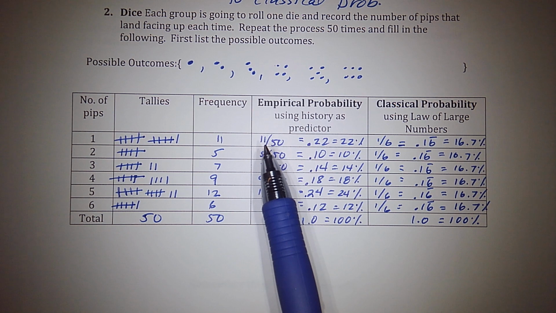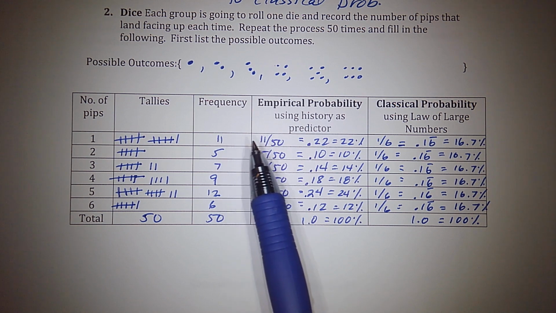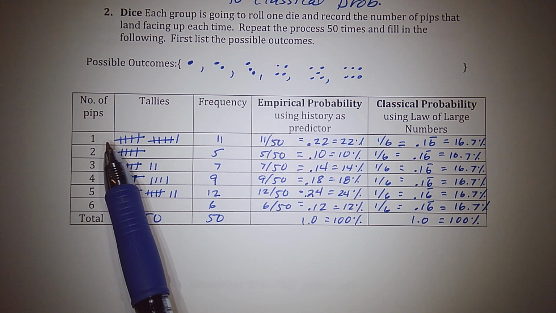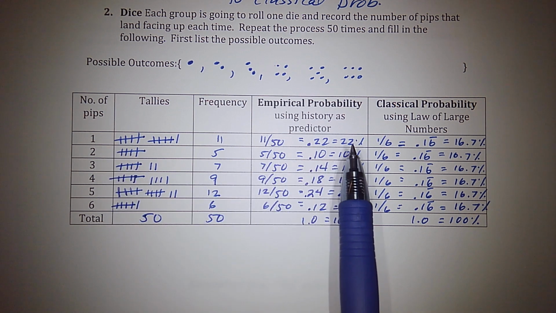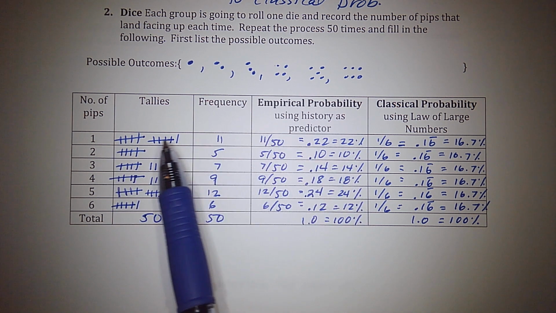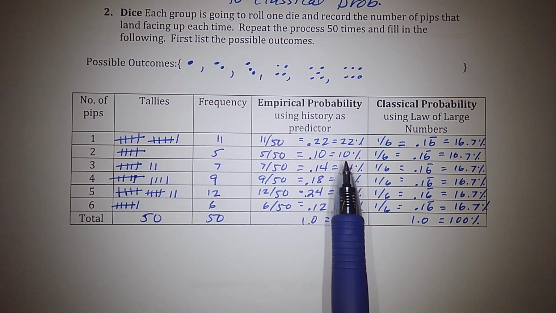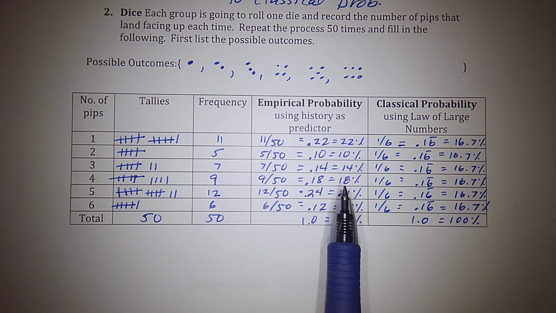The empirical probability, I received 11 out of 50 rolls that received a 1 pip on the die, which is 22%. 2 pips, I rolled 5 of those out of 50, which is 10%. And so on and so forth. You can see that all of these total 100%.